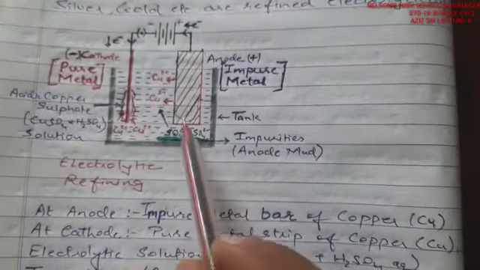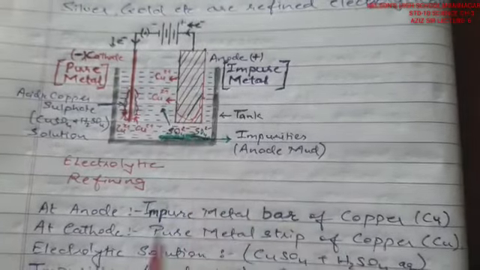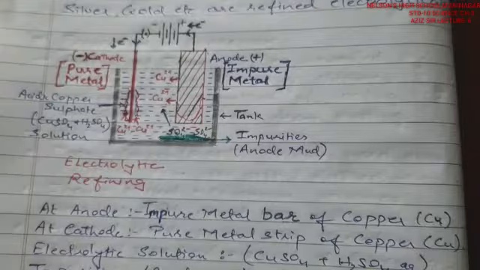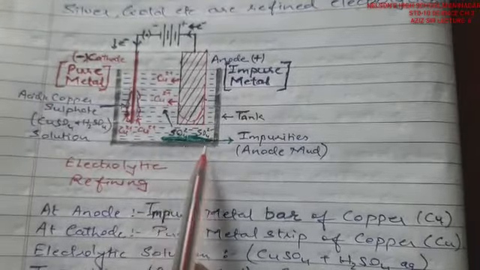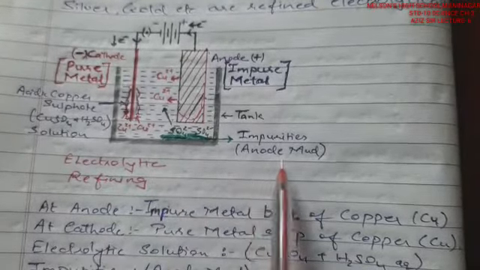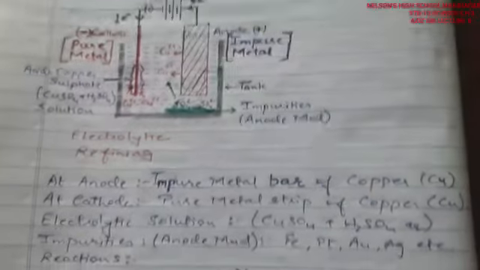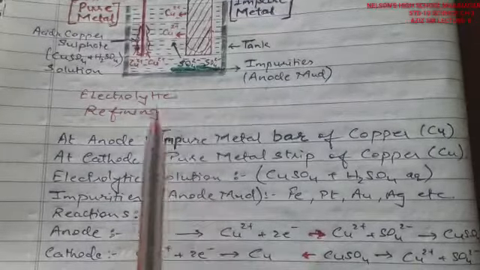One more thing: the other elements present as impurities gather at the lower base, which is called anode mud. This anode mud accumulates on the lower side.